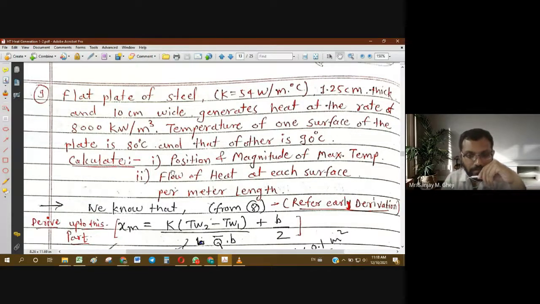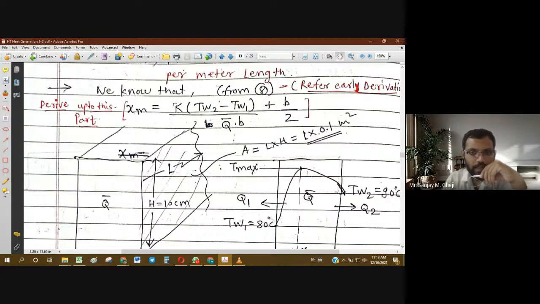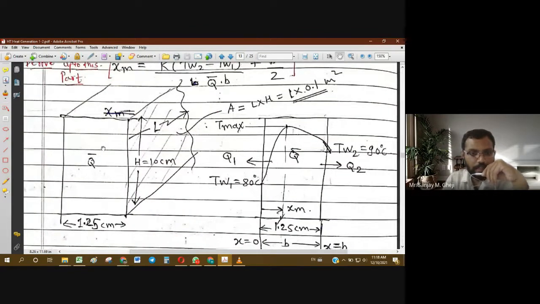From this we can draw a rough sketch like this. This is a wall, and this is the thickness 1.25 centimeter. This is the height of 10 centimeter and length will be 1 meter. It is shown infinite only to indicate it is a case of infinite plane wall.